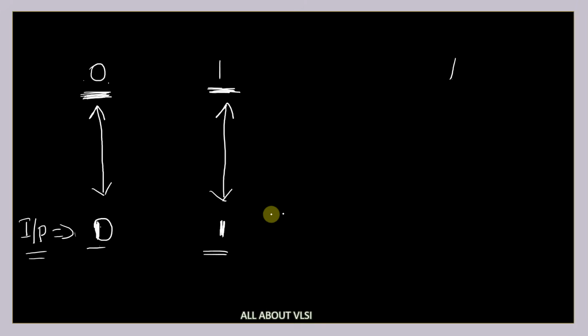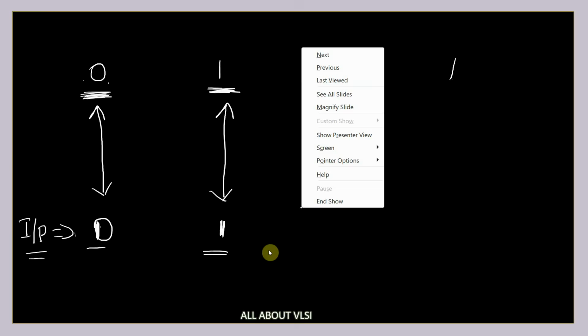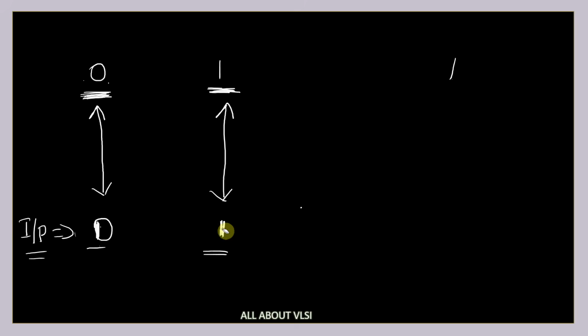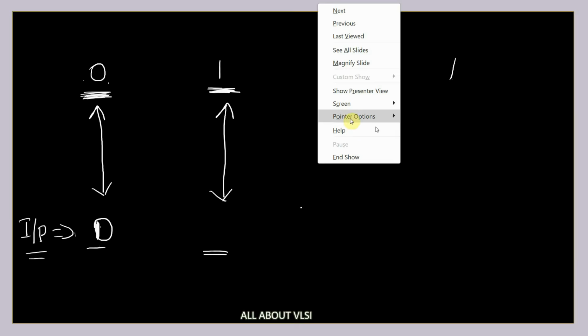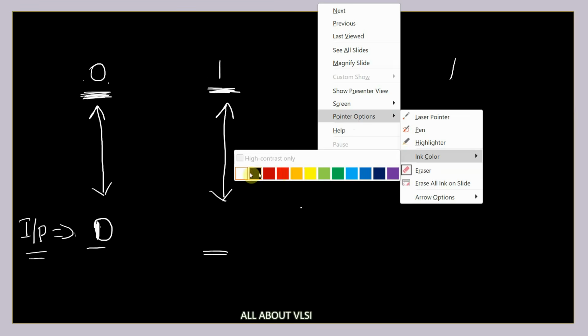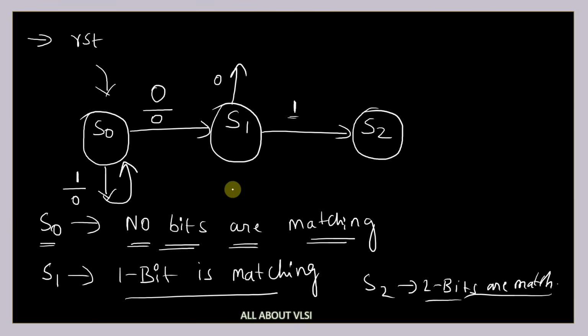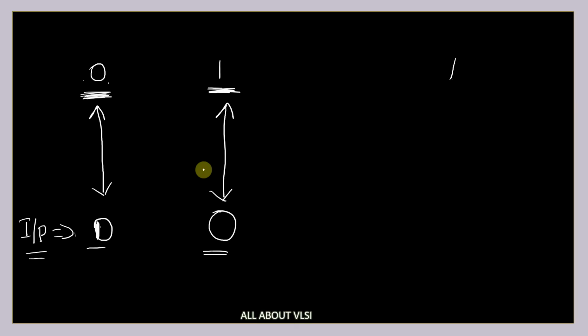Now instead of this 1, I'm going to provide 0. Now what is going to happen? For the second bit I need to give 1, but I'm giving 0 only. Why do we need to go to S0?